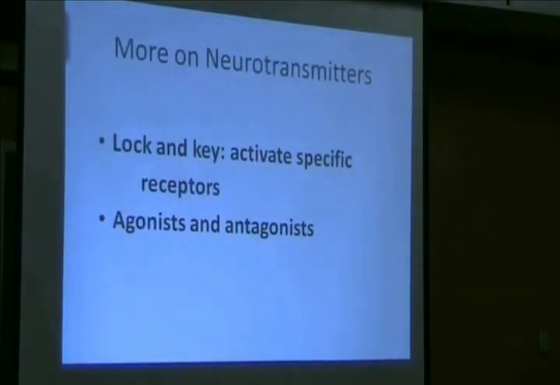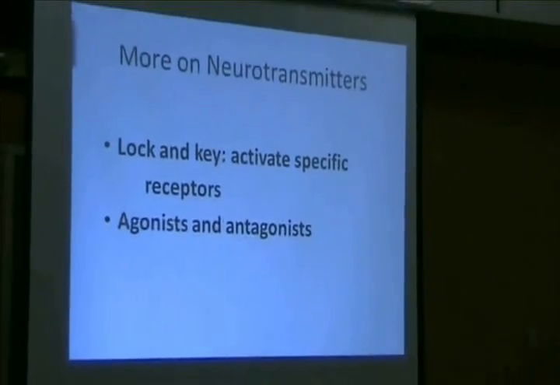Neurotransmitters, and then just a few minutes from now we're going to take a break. The lock and key metaphor is very appropriate. You get a ligand, and it will bind to a receptor, but it's highly selective.